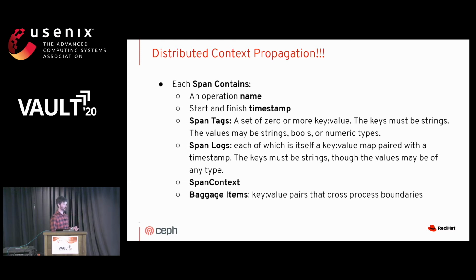And for each span, we can also associate a sequence of events, which would be the span log component here, to allow us to note important timestamps within the span process. And then we can also associate a set of baggage items that will be carried around by the context as it moves through the system, so that later things can read useful information back off of the Jaeger context.